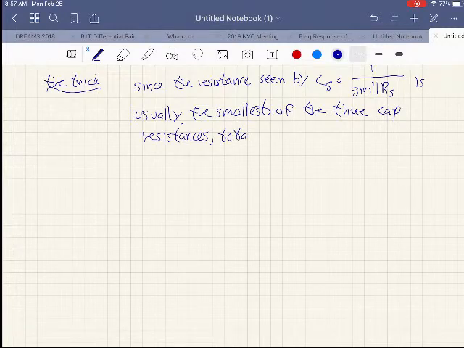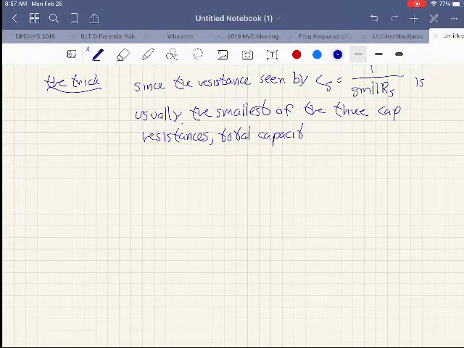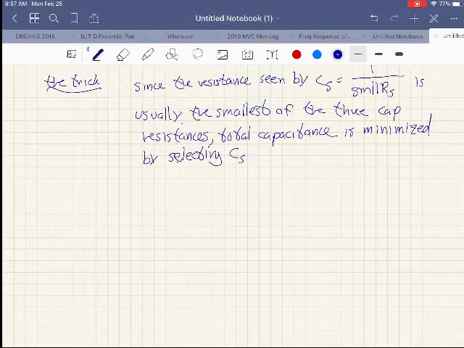Total capacitance is minimized by selecting CS to provide the highest frequency pole.